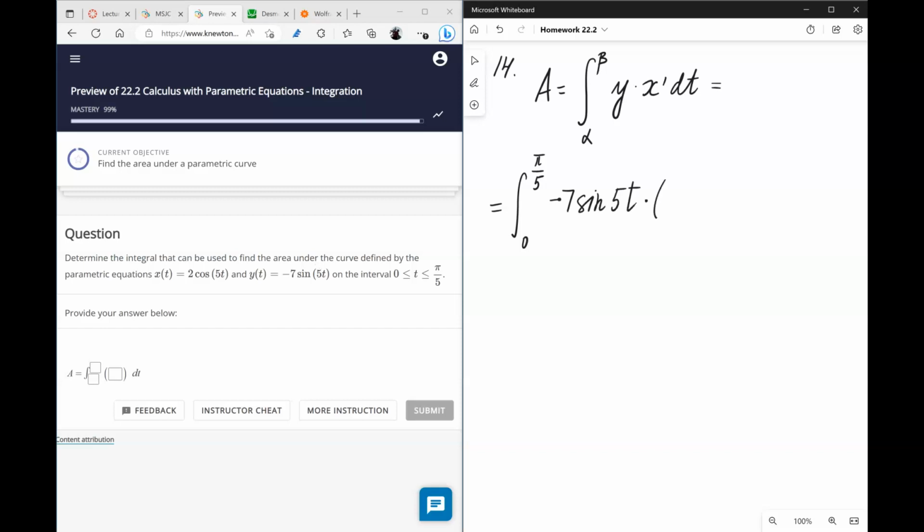Derivative of x is negative 10 sine of 5t dt.